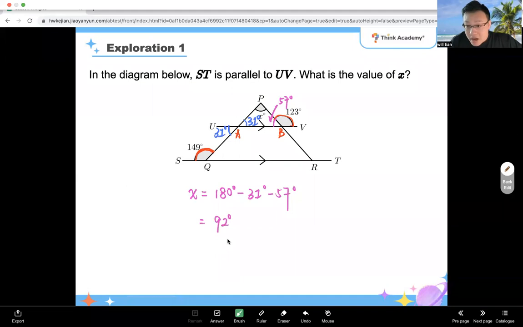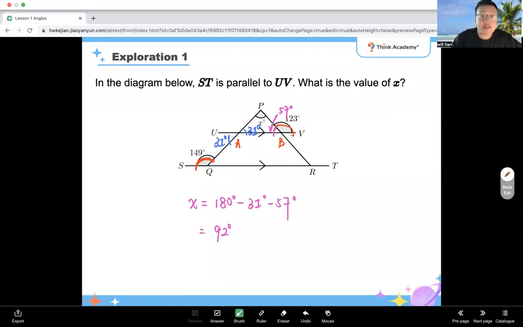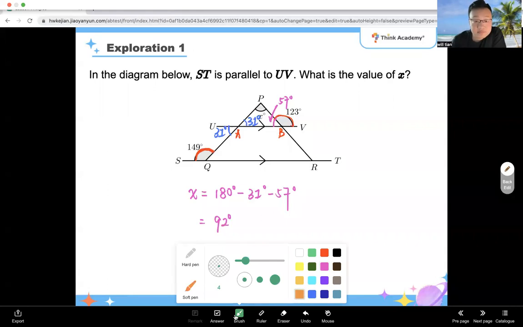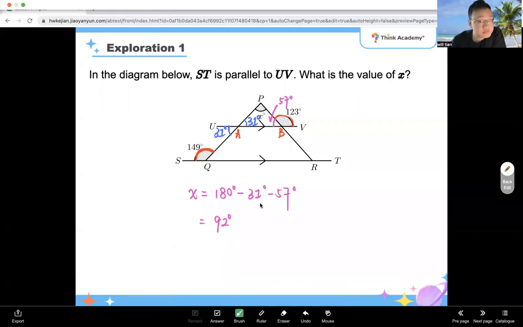Emily, you have a different way. Yes, go ahead. What's your way? So I use the Z, so I know that QAB is also 149 degrees.